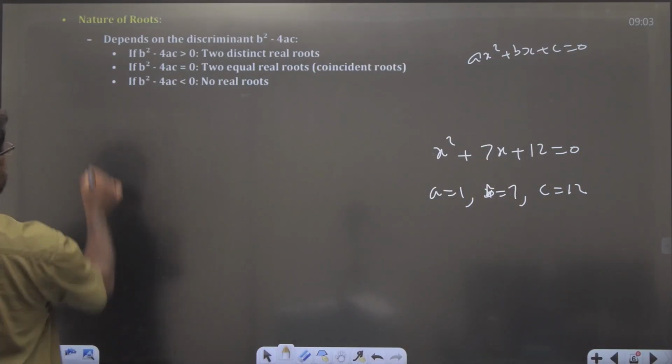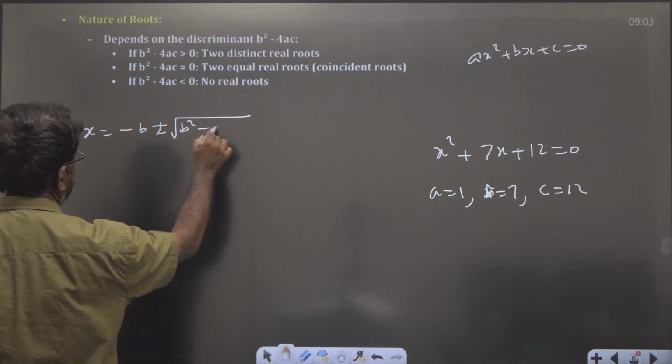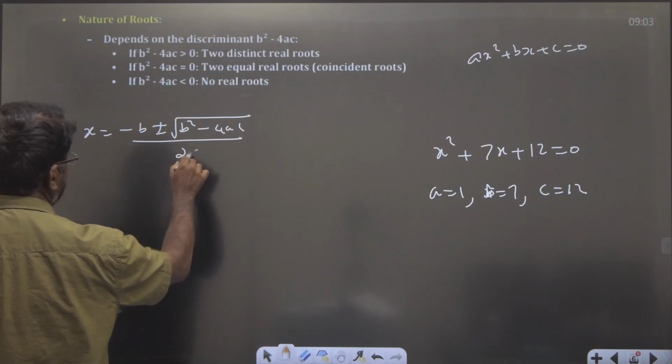So what is the quadratic formula? x equal to minus b plus or minus root of b square minus 4ac by 2a.